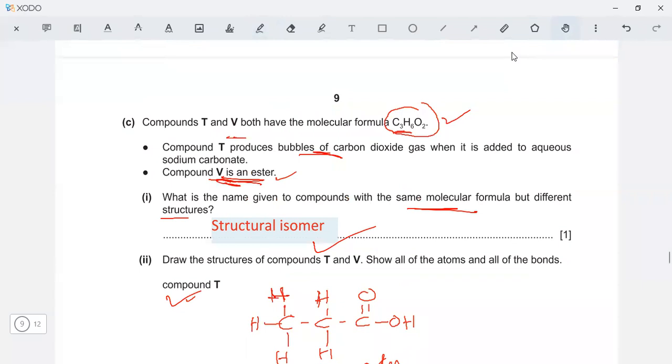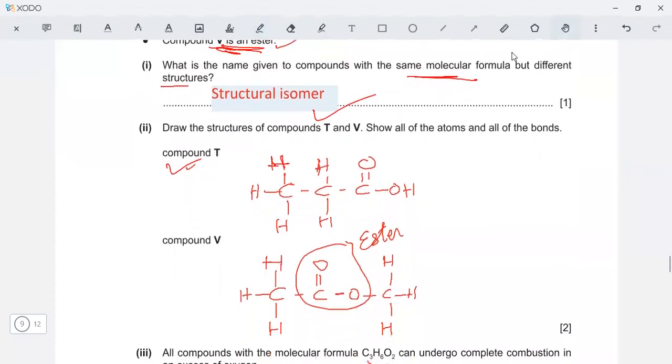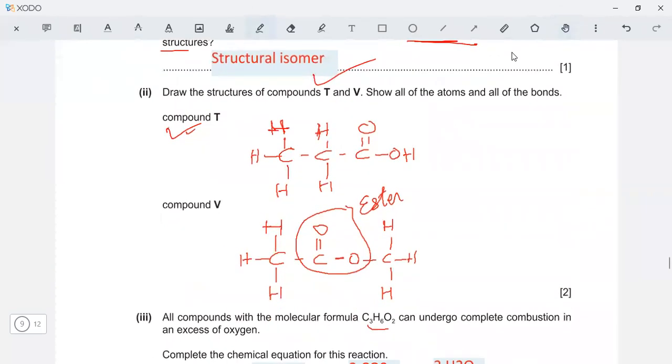Compound T produces bubbles of carbon dioxide gas when it is added to aqueous sodium carbonate. So this compound is supposed to be an acid, because in an acid there will be 2 oxygens, right? So compound T is an acid. With 3 carbons, which acid is it?